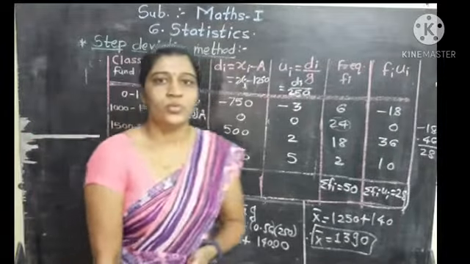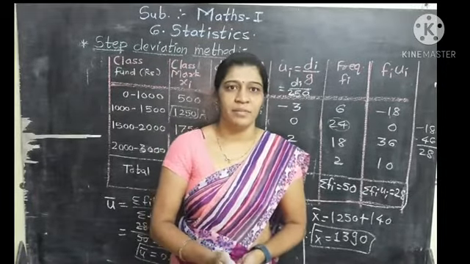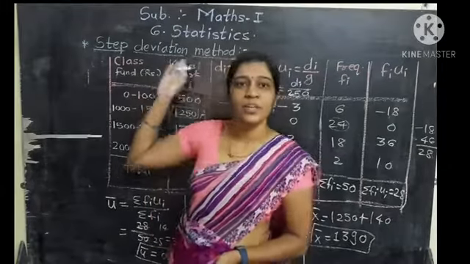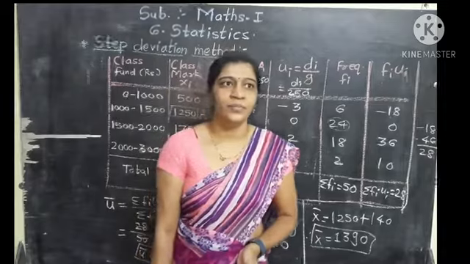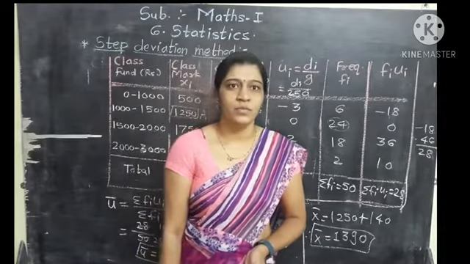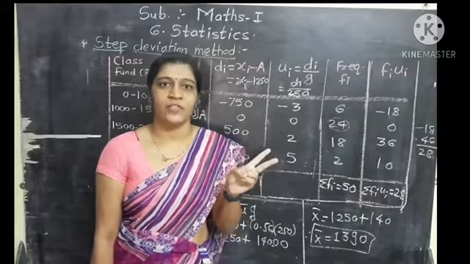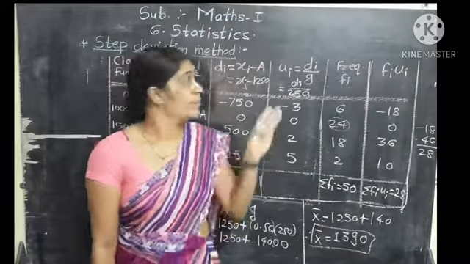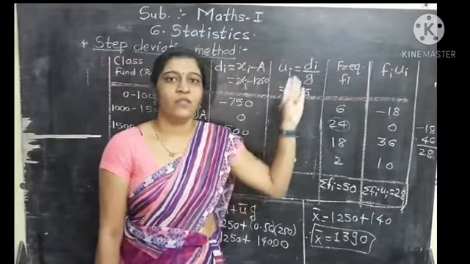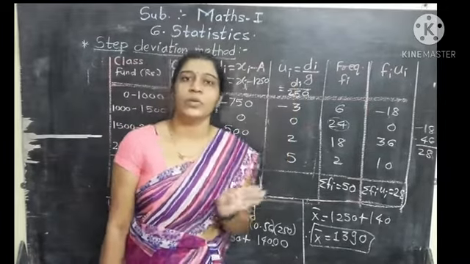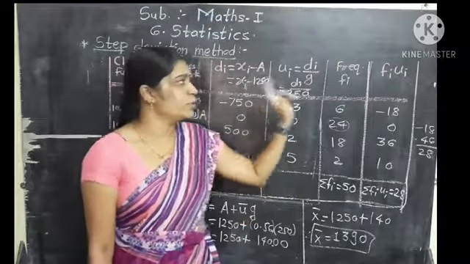So, students, today we learned finding the mean by the step deviation method. In this method, there are 6 columns. The first column is the class, the second is the class mark, the third is di is equal to xi minus a, the fourth is ui is equal to di upon g, where g is the GCD and a is the assumed mean.